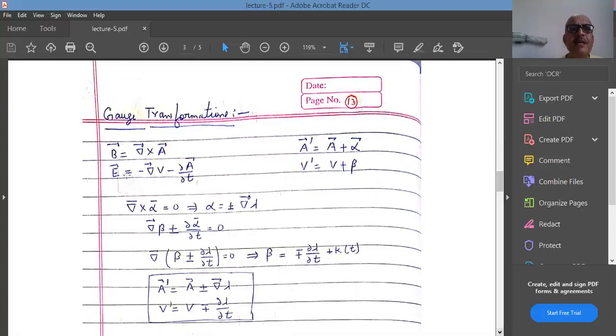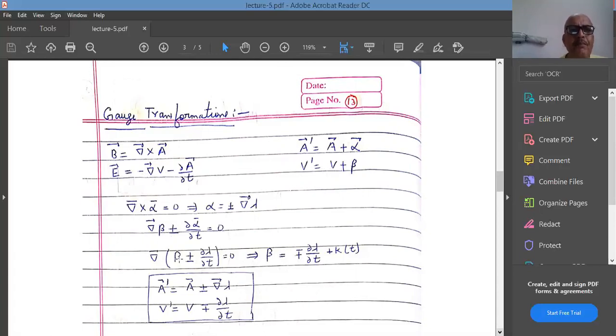Now we make the same substitution in the second equation, keeping in mind that the value of E is not affected. So if you substitute B dash here, minus gradient of the scalar potential minus del A over del t will be there for E. If you make a substitution for B dash equal to B plus beta, then what is required is minus gradient of beta, and then we have a minus sign and we are putting plus and minus again.